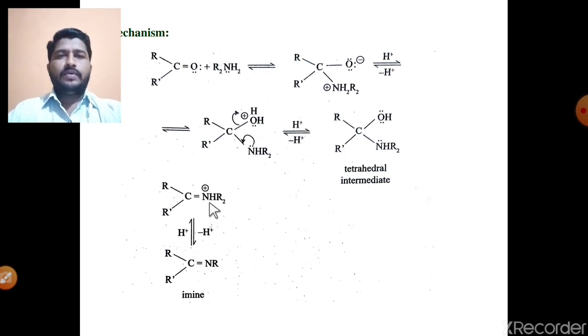The last step is loss of H+. After proton loss, it finally gives the imine derivative. So carbonyl compound in presence of primary amine gives imine derivative by condensation, simple elimination of water molecule.